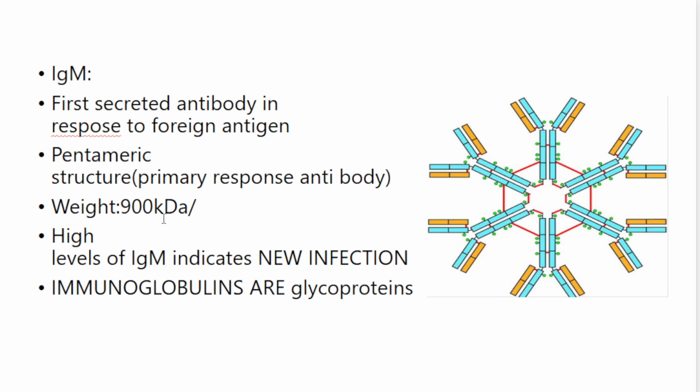The weight of IgM is 900 kDa, so it is heavy and the biggest immunoglobulin in our body. If IgM is high in our blood, it indicates a new, primary infection. All immunoglobulins are glycoproteins.